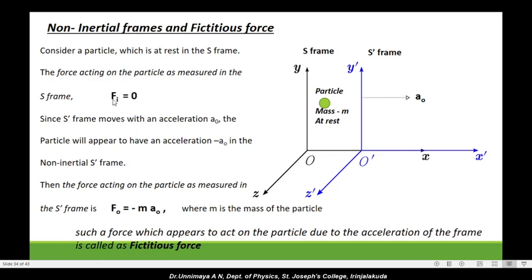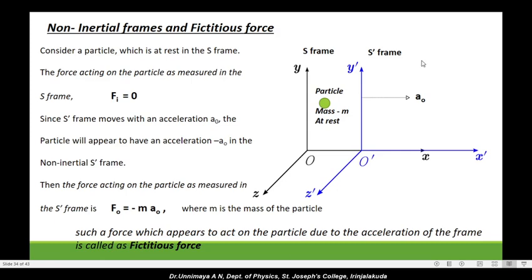So the force acting on the particle as measured in the inertial frame S, Fi, will be equal to 0. Since the particle is at rest, its acceleration is 0. So mass into acceleration is 0, and Fi is equal to 0.